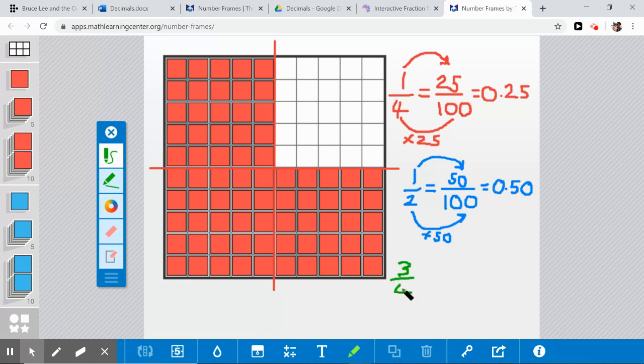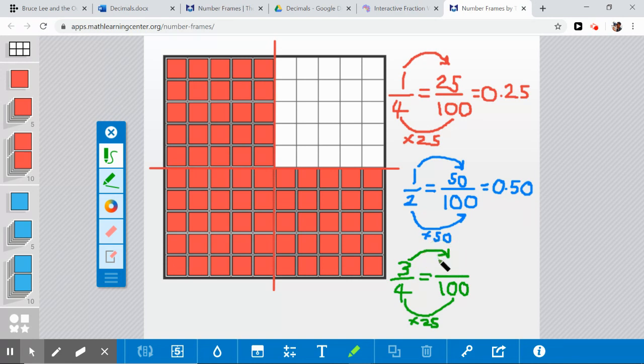So before I turn it into a decimal, I want to turn it into hundredths first. So let's have the denominator as 100. How did I get from 4 to 100? I multiplied by 25. So to get from 3 to my new numerator, I need to do the same.